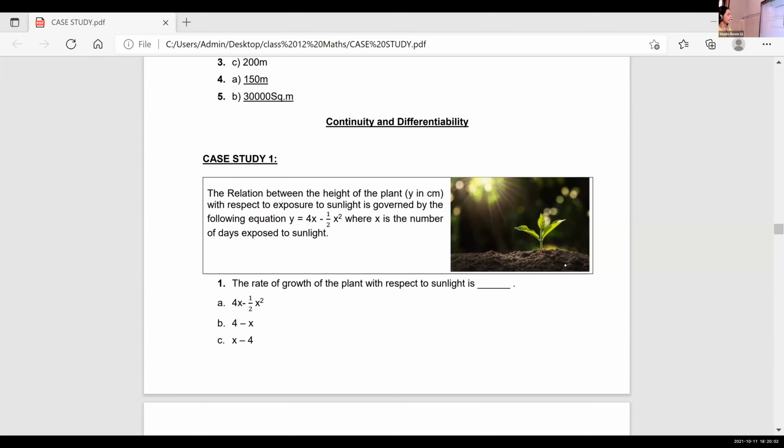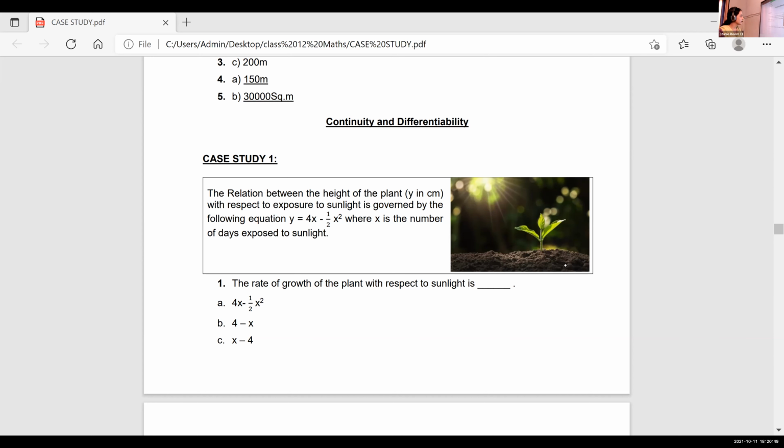The relation between the height of a plant with respect to exposure to sunlight is governed by the following equation: y = 4x - (1/2)x², where x is the number of days exposed to sunlight.